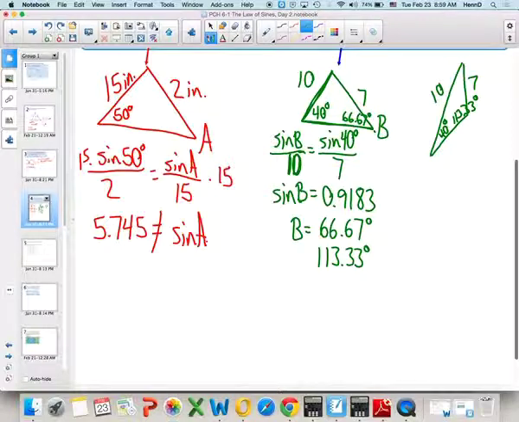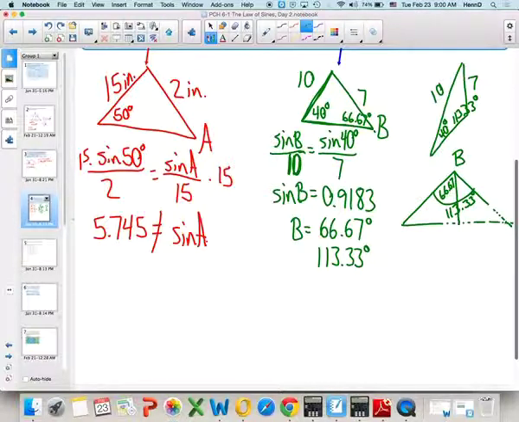Now, just to show you what this would look like, we could have the 40 degree angle, and let me draw this a little differently. If B was on the top here, I could either have 66.67, or I could have this 113.33.